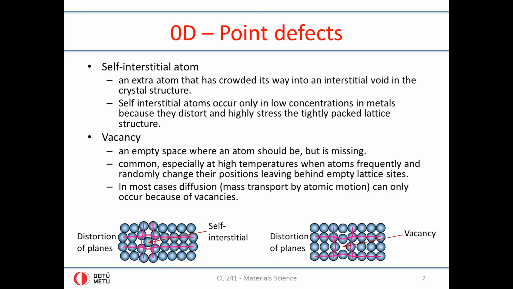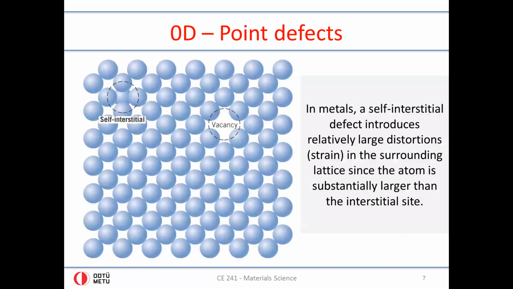So this is an example of how a point defect can change the mechanical properties of a crystal. So then in a real life material, you wouldn't expect to have only one point defect, but you would have many, many, many point defects. And in this representation, again, here you see self-interstitial and a vacancy.